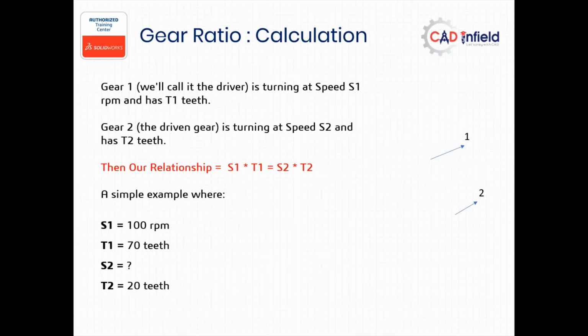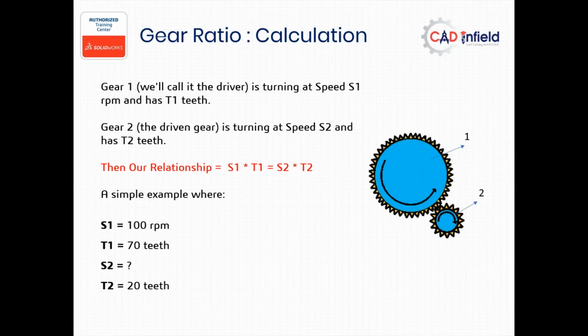The next is a very interesting one. We have gear one going with the speed of S1 and teeth T1, and we have another gear, which we call the driven gear, which again has speed S2 and teeth T2.